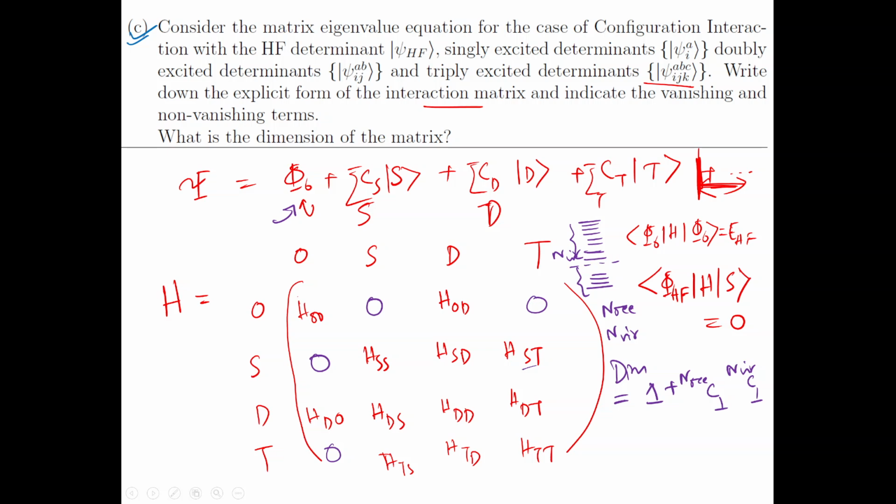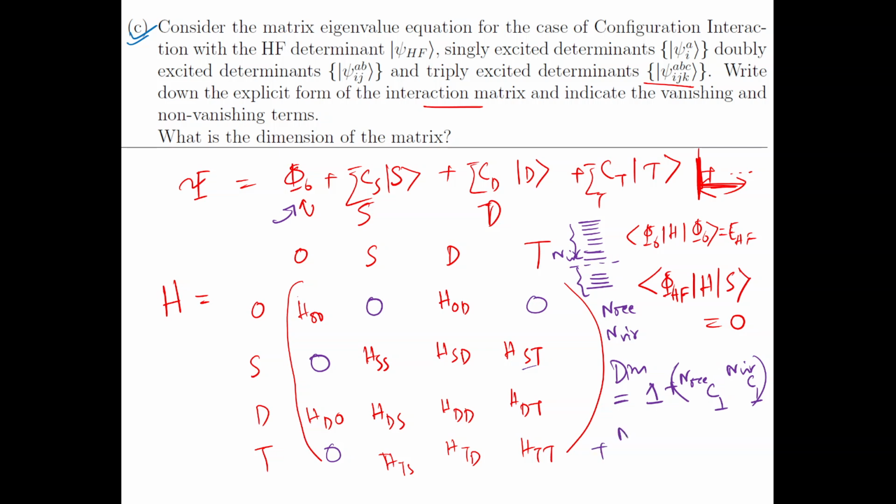So you can put electrons in n occupied C1 times n virtual C1 ways. This is the dimension of your single space.